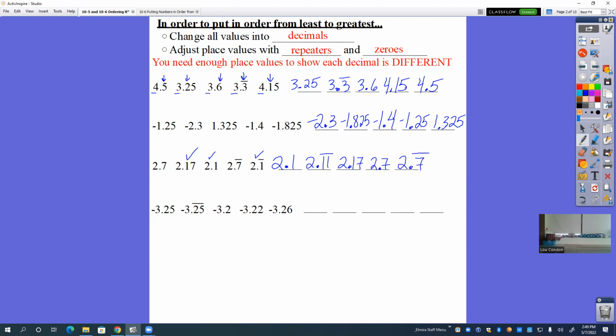Okay. And then this last example of negative numbers. So we're actually looking for what appears to be the biggest number is actually the smallest.